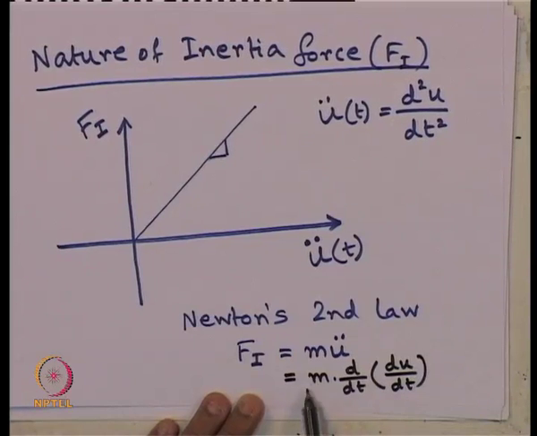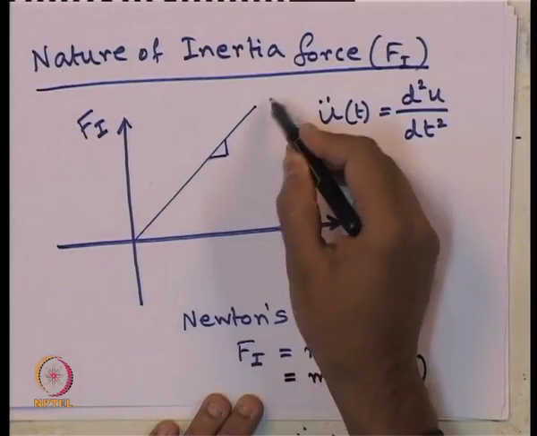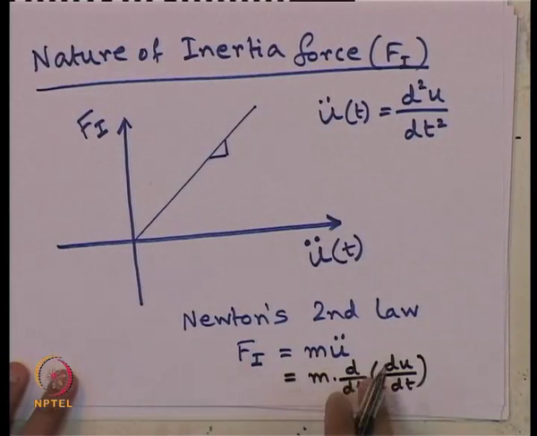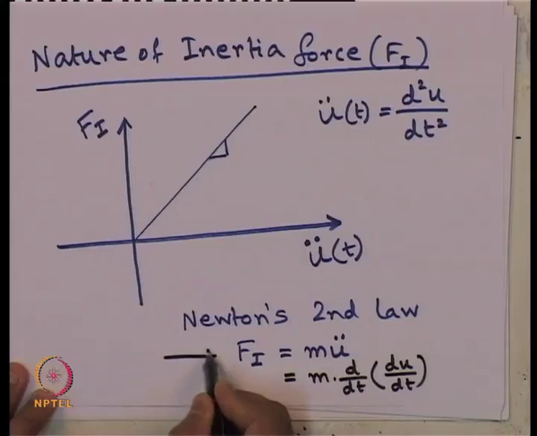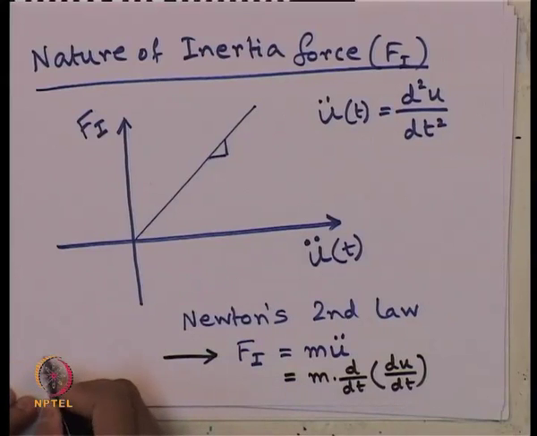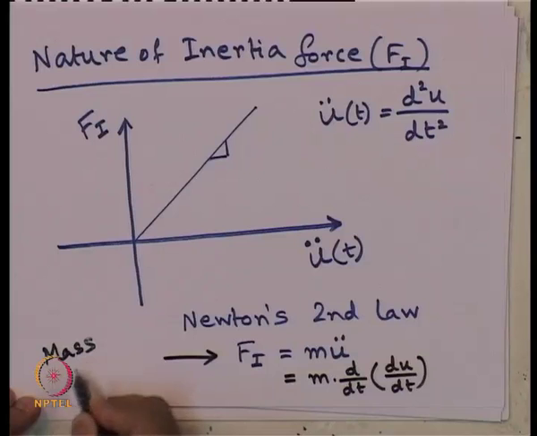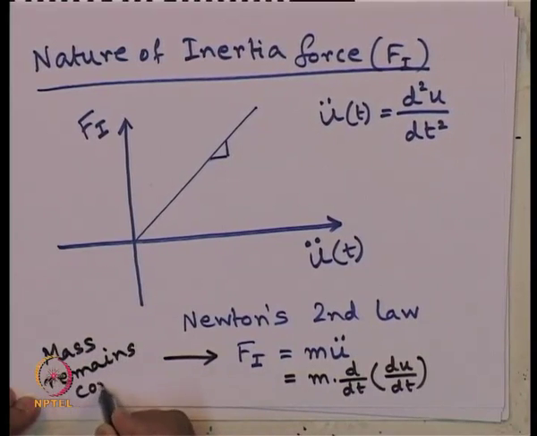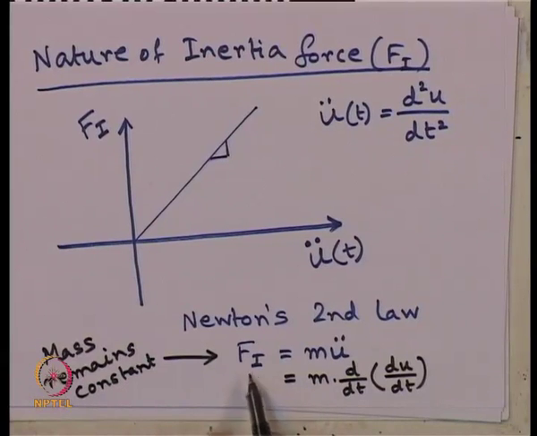So, if mass remains constant, then only this slope is constant and this behavior is linear. So, this equation is correct only when mass remains constant. Only if m remains constant can we use this relation.